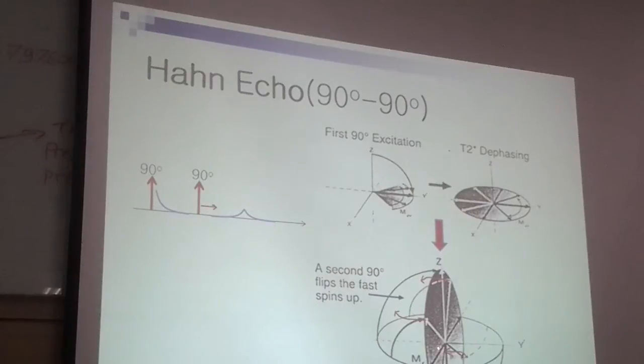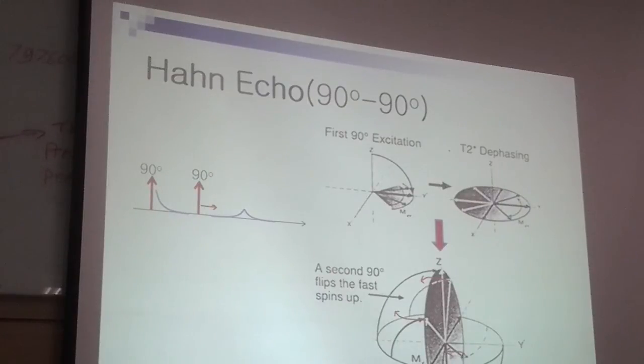After that, all spins continuously precess along the main magnetic field, parallel to the z-axis. These spins precess in this direction, and these spins precess in this direction.